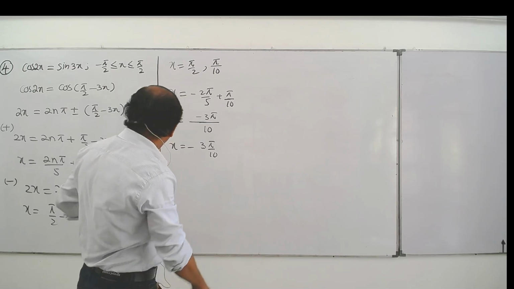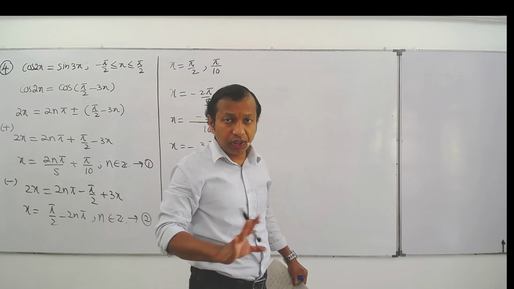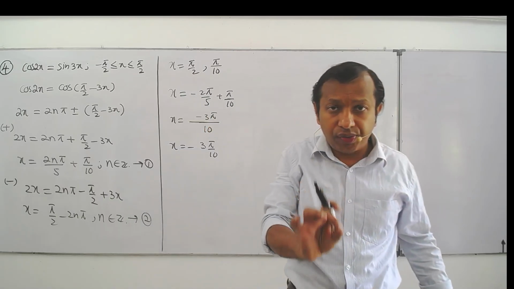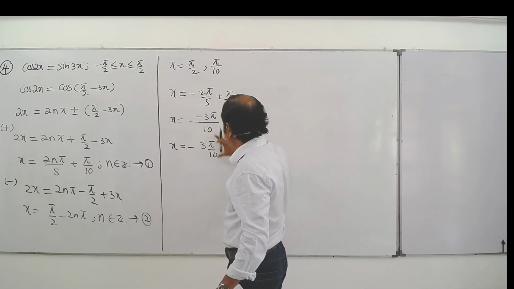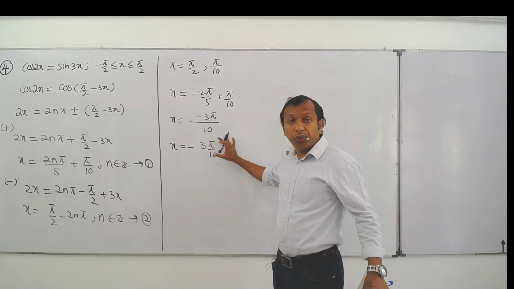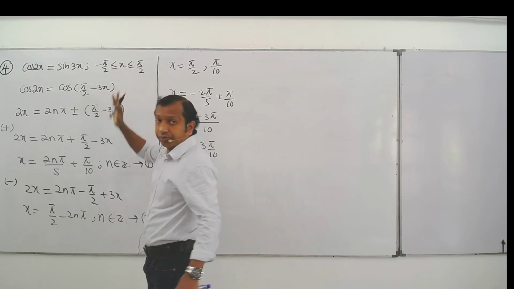So therefore, by these 1 and 2 sets, when we find x values by giving different integral values for n, we get solutions for x in this interval.